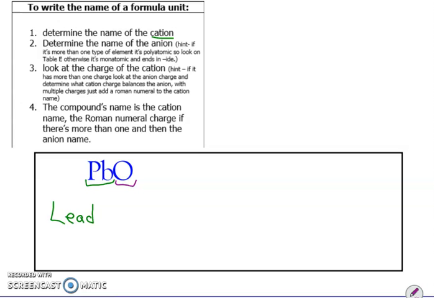Well, I know that O is going to be oxide, and I'm going to leave a little space here. So actually, let me move this name over here. So I'm going to write lead, and then I'm going to write oxide next to it, but I'm going to leave a space in between, and I'll show you why in a second. So lead oxide.